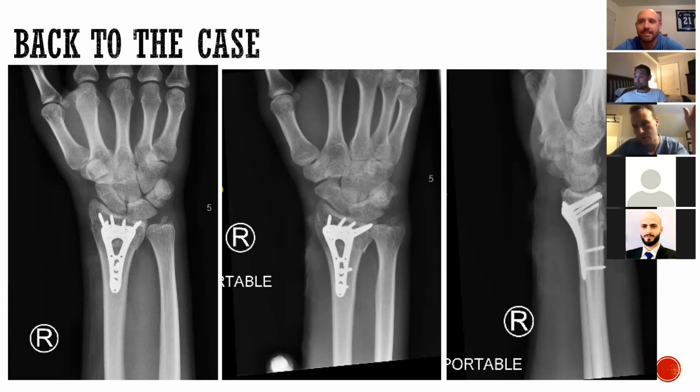But a principle of projectional radiography, which is just turning a three-dimensional object into a two-dimensional image, is that something can look like it is approaching and going into or across the border of a convex structure, sorry, and it looks like it enters or exits that structure.